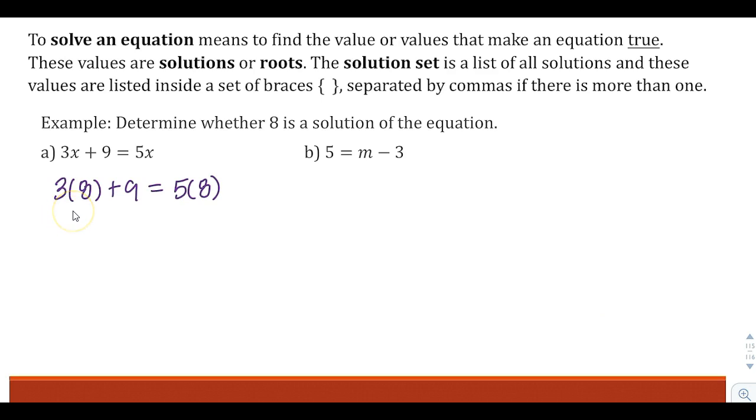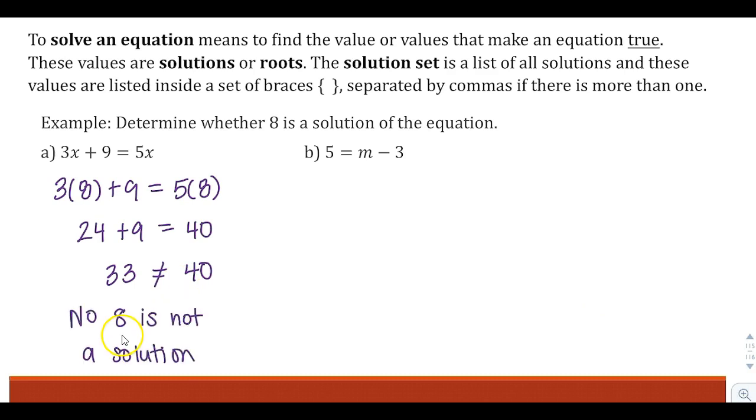Now 3 times 8 is 24 plus 9. 5 times 8 is equal to 40. So we end up with 33 is equal to 40. So while this is an equation, it is not a true statement. So the answer here is no, 8 is not a solution.